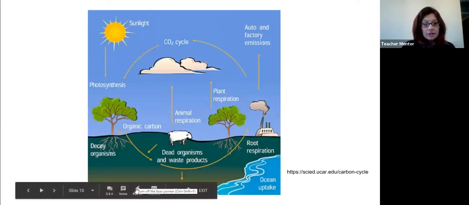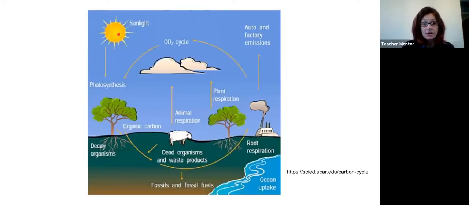So first things first, we get our carbon from our sun and other stars, okay? Then the plants, all the living plants, are going to take in that carbon in the form of carbon dioxide. The trees are going to take that in, and what comes out is some organic carbon.